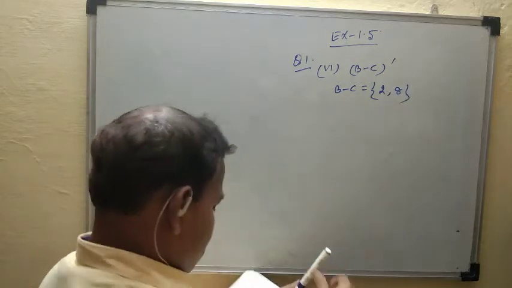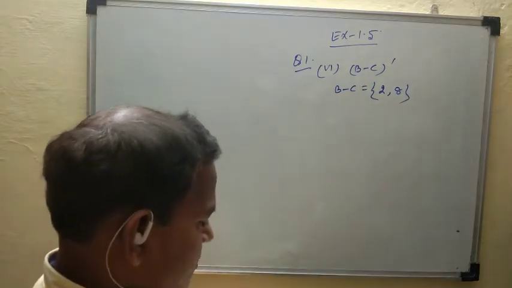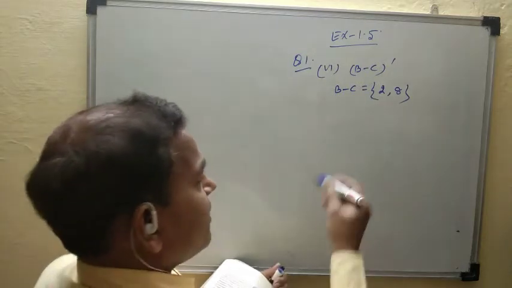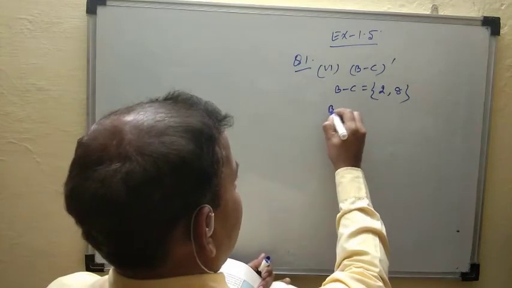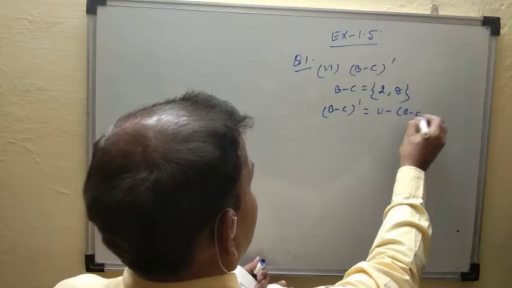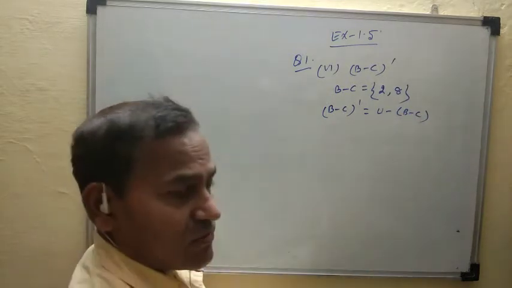So this is 2, 8; 2 and 8 do not belong in the set C. So this is B minus C, and now find its complement. Complement, that is U minus B minus C. You can find that.